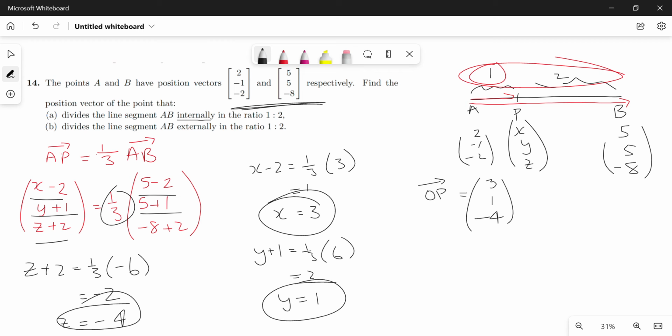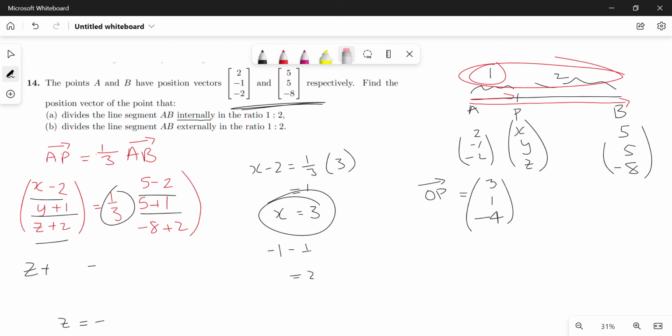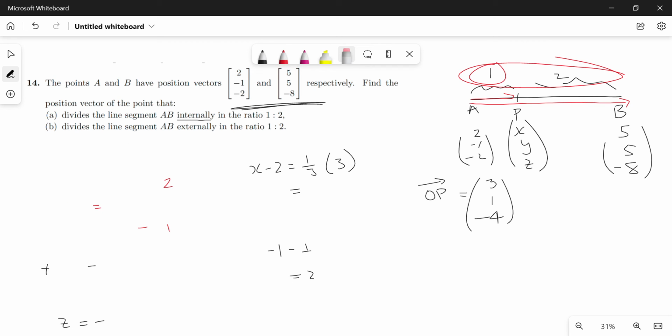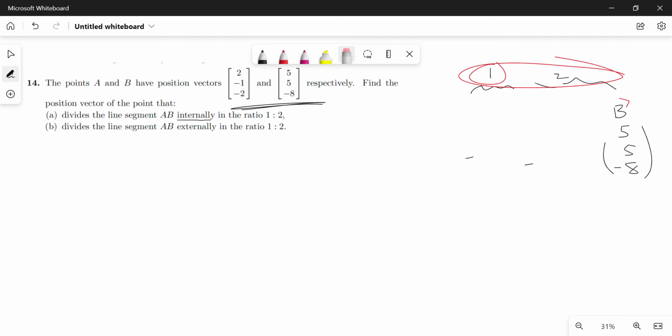So for externally, it's going to look a little different. Externally means the point P lies outside that interval AB. So if you think about it, it says in the ratio 1 to 2.